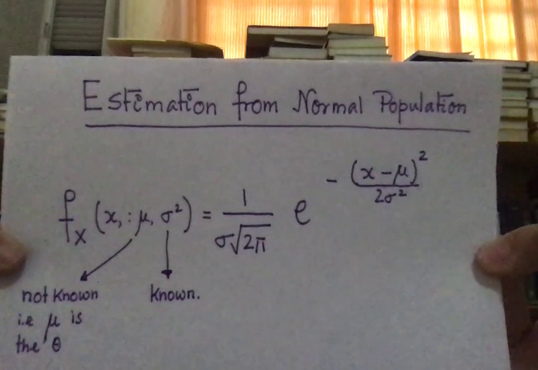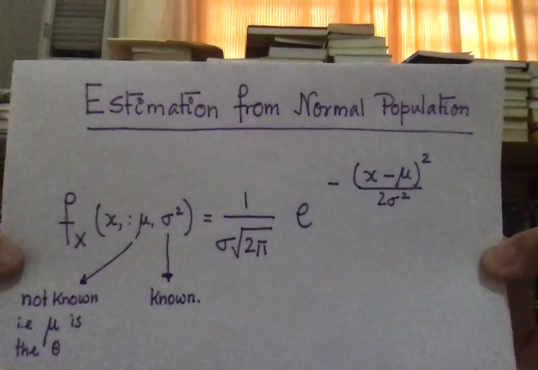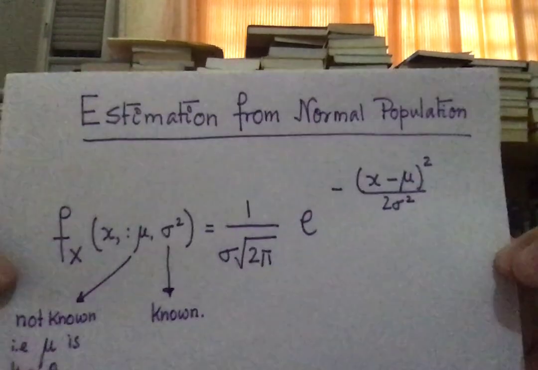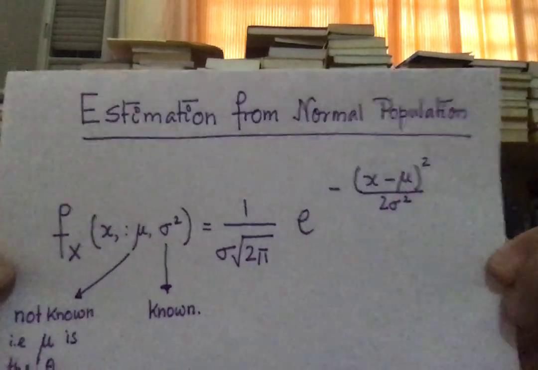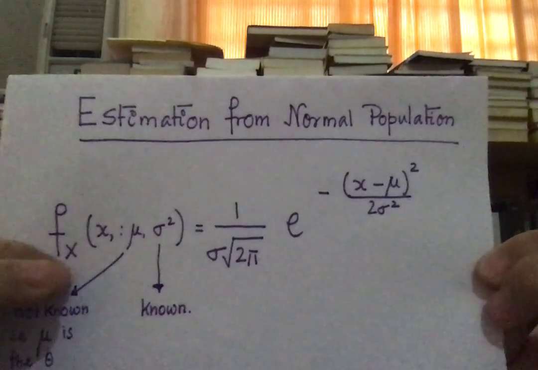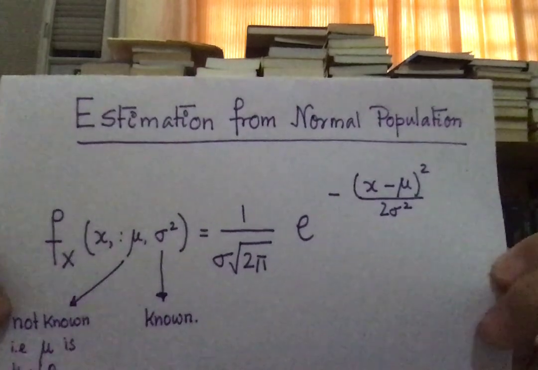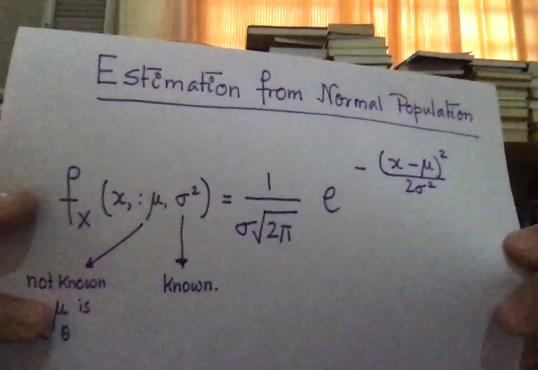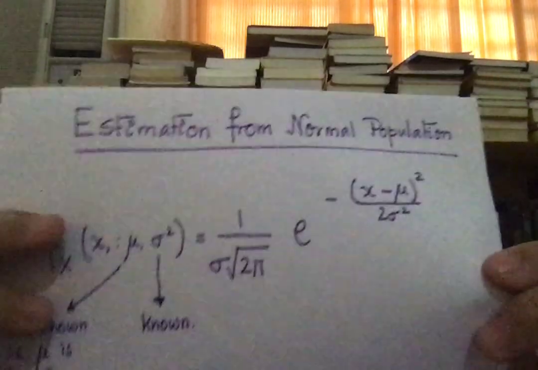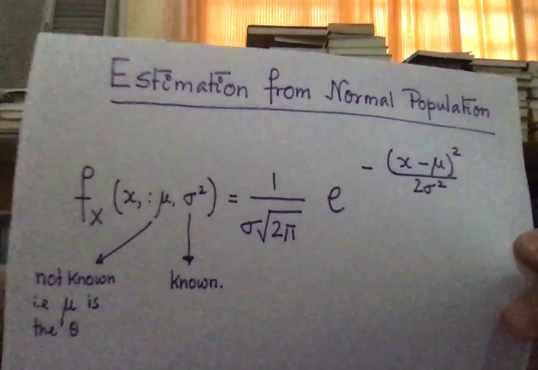But what we assume here is that mu, which is the theta basically, is not known, whereas sigma square is known. So here it is a PDF, but only one real valued element, theta, is the unknown element; sigma square is known. Now how do I develop a confidence interval for mu?